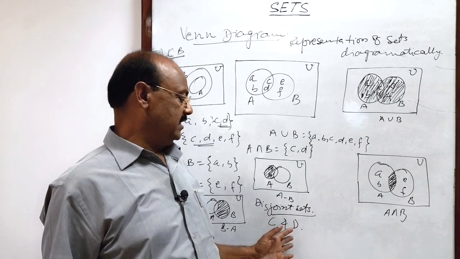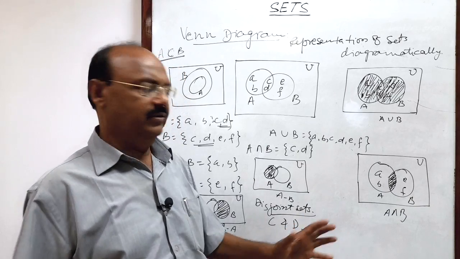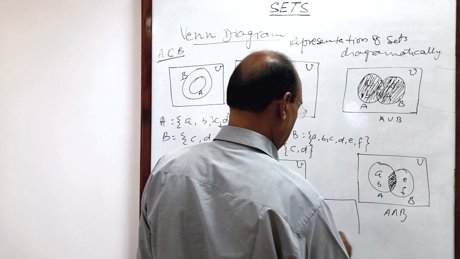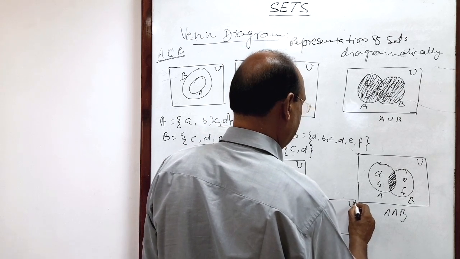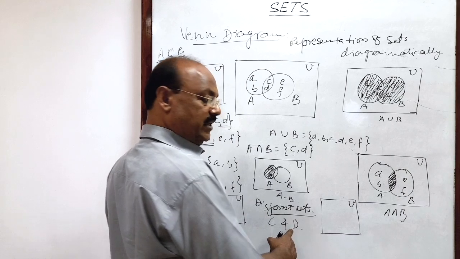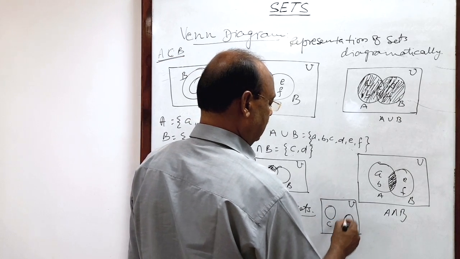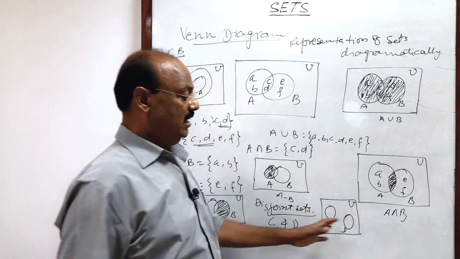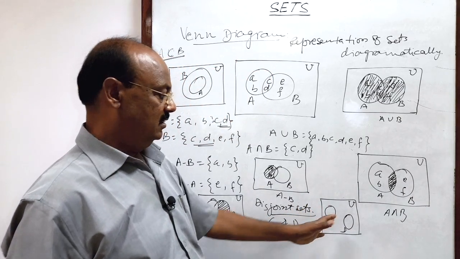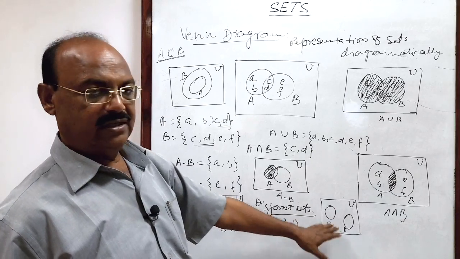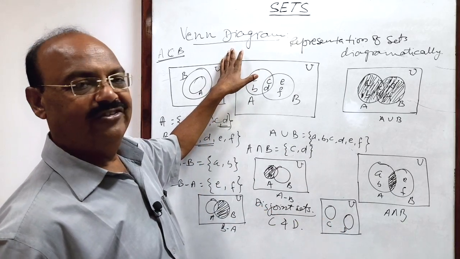These two sets are totally different, entirely different. So these disjoint sets can be represented with the help of a Venn diagram in this way. C and D are two sets which are disjoint. So C will be here one set, D will be here another set. No area, no portion is common. So this is the representation of two disjoint sets C and D using a Venn diagram.